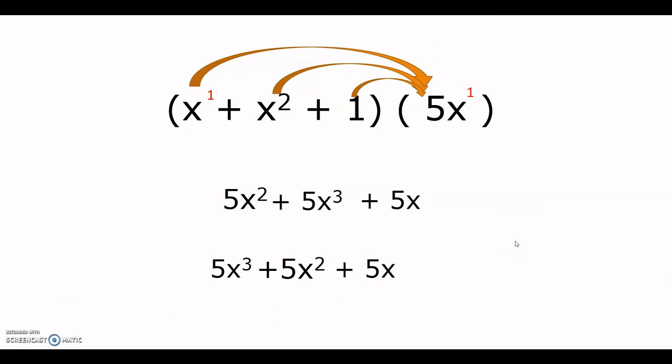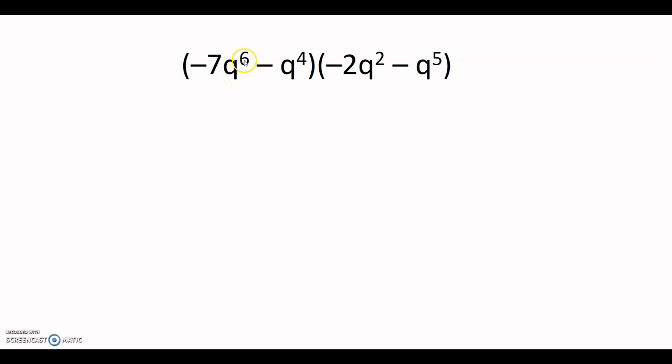Let's go to our second example. Here we have 7q raised to the power of 6, minus q raised to the power of 4, multiplied by negative 2q squared minus q raised to the power of 5. As you notice, we have two terms here and two terms here.